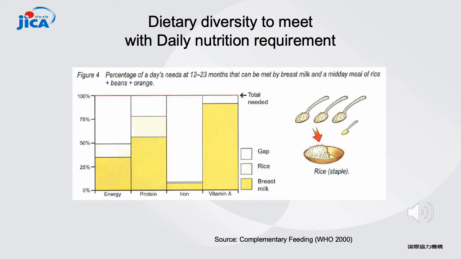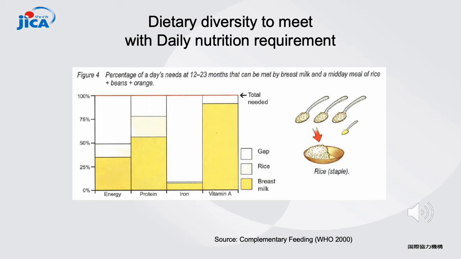You can see some addition of energy from rice, up to 50%. And similarly, there is an addition of protein, up to 75% from rice. But there is almost no supply of iron from rice, and also no supply for vitamin A.